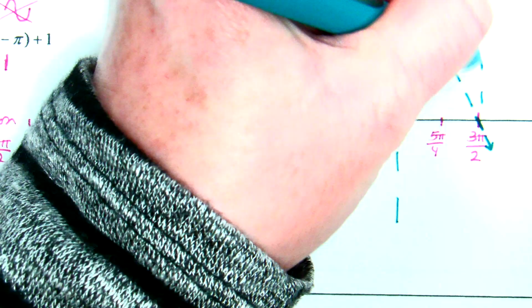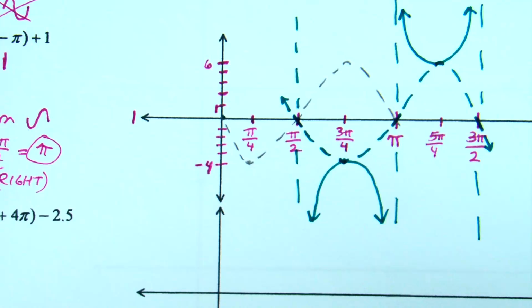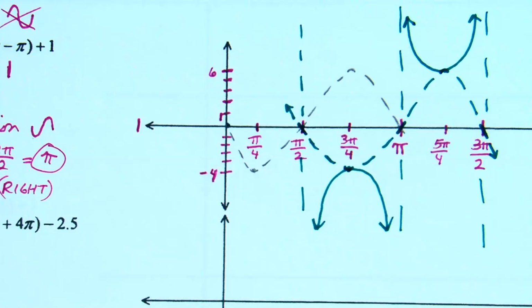My first parabola is going to be upside down. My second parabola is going to be right side up. Questions?